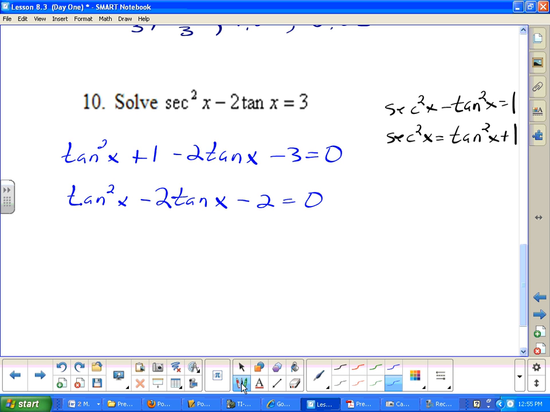Quadratic formula. A equals 1, B equals -2, and C equals -2.